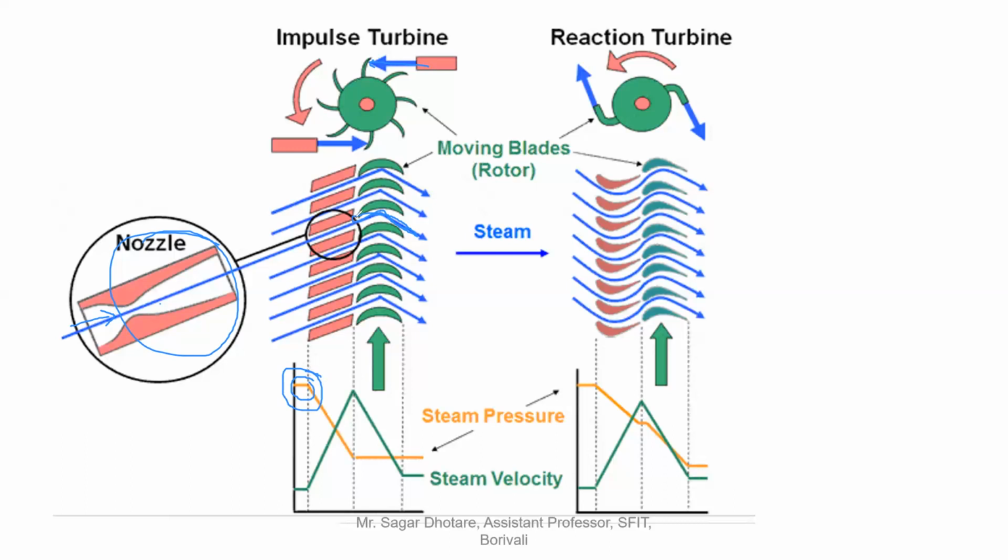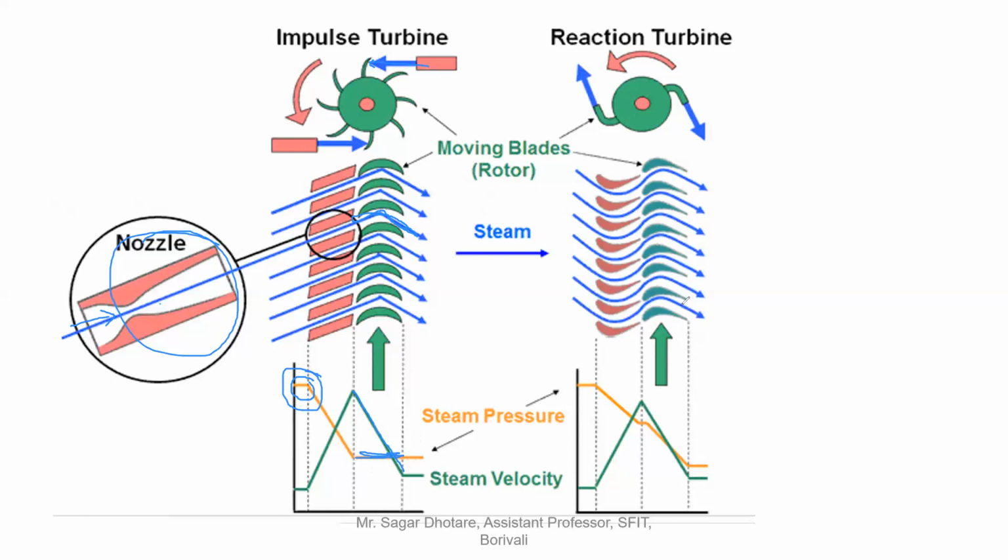When it passes over the blades, the velocity transfers its motion to the rotor, or you can say to the blade, and the rotor moves in the direction of the force applied. In this case, the velocity drops, and the pressure is constant. The steam pressure is constant.